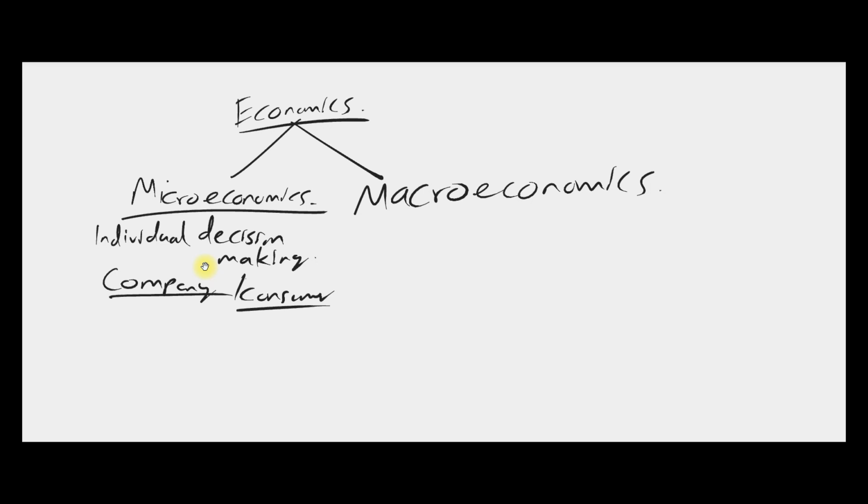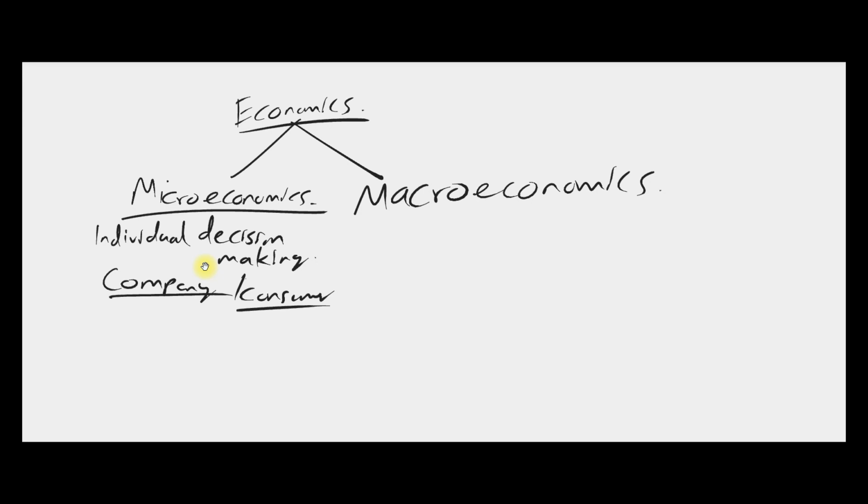What companies do alone, the decisions that companies make based on the products, the supply chains, the things they're selling, and the decisions consumers make on their own. This is where marginal utility comes in, price elasticity, demand elasticity. All this is in microeconomics, individual decision making.